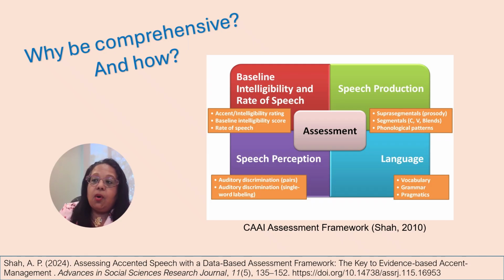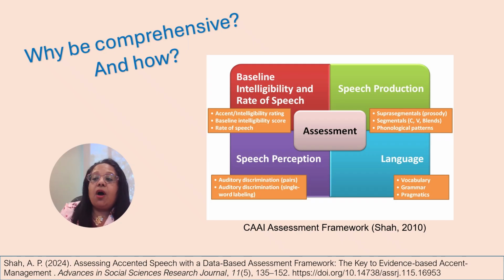client to know. So we start with segmental areas, which are consonants and vowels, by assessing them and looking at, here, as you see, consonants, vowels, and also phonological patterns.